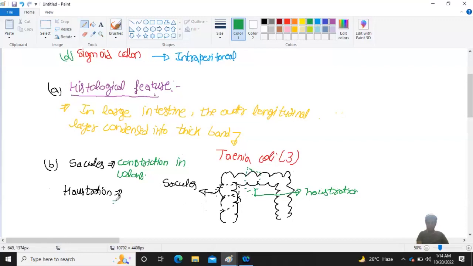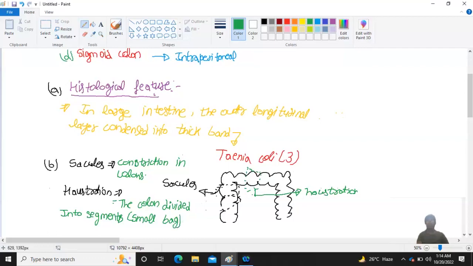Here the colon is divided into segments, small packets like bags basically.